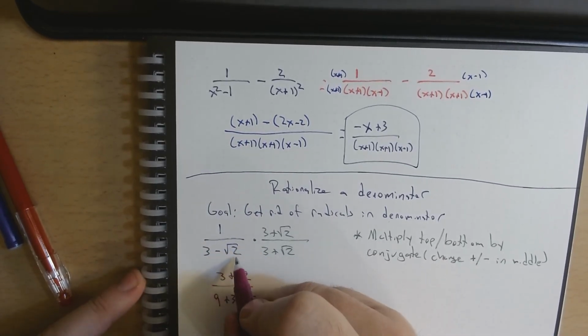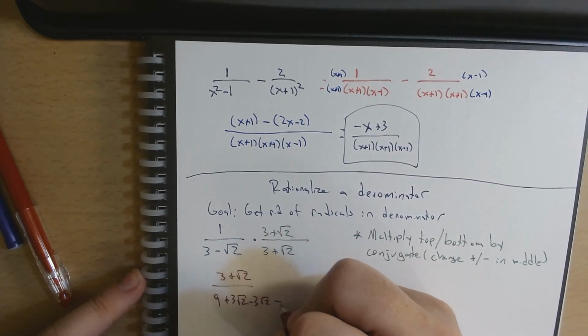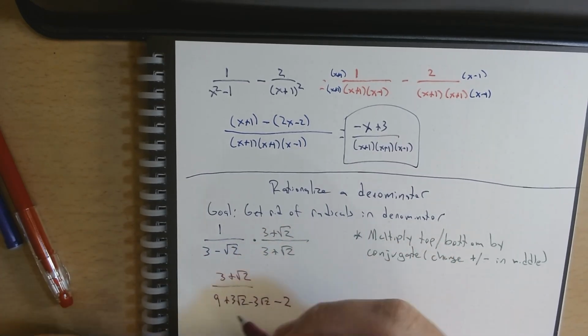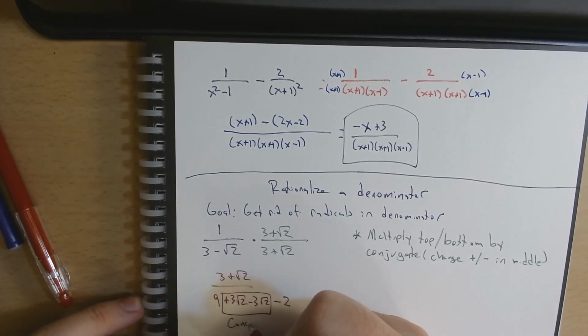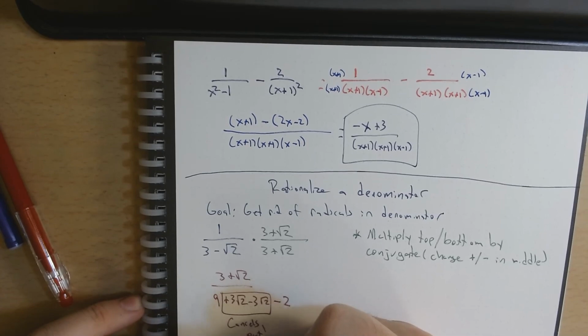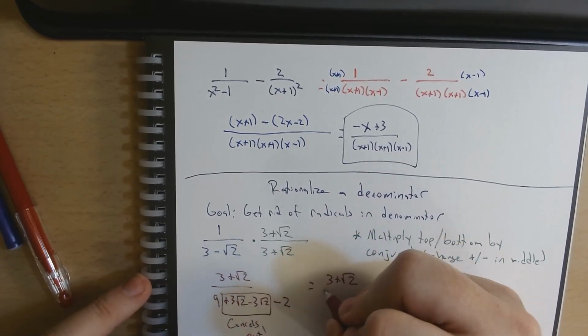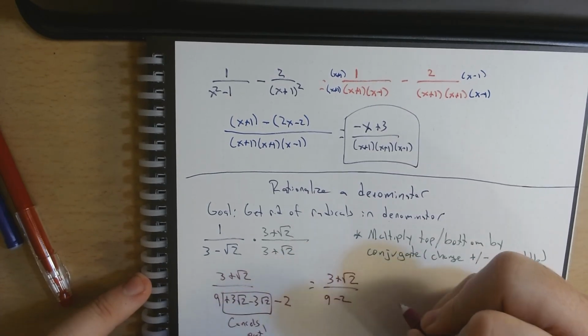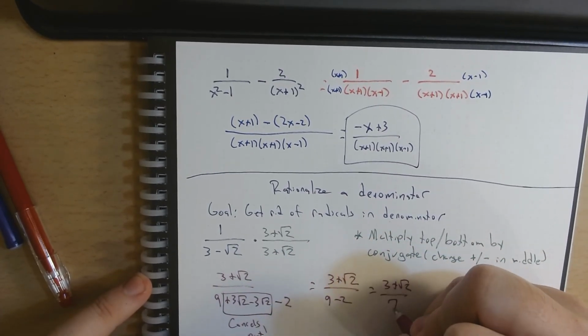And then a square root of 2 times square root of 2 is a square root of 4, which is just 2. So the middle cancels out always. So really what we've got is 3 plus the square root of 2 over 9 minus 2, over 7.